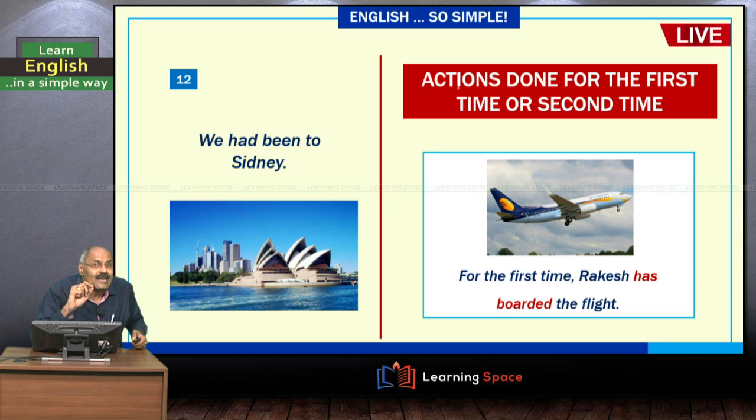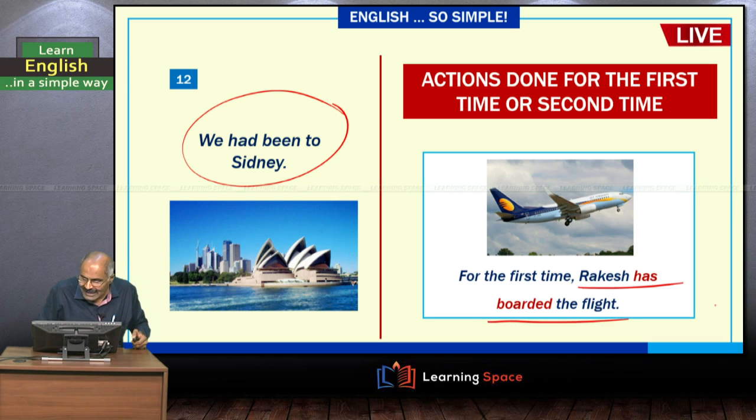Then, we had been to Sydney. Please recollect, here time is not mentioned. If something happened for the first time or second time, you have to use this type of sentence, right. So, present perfect is to be used.